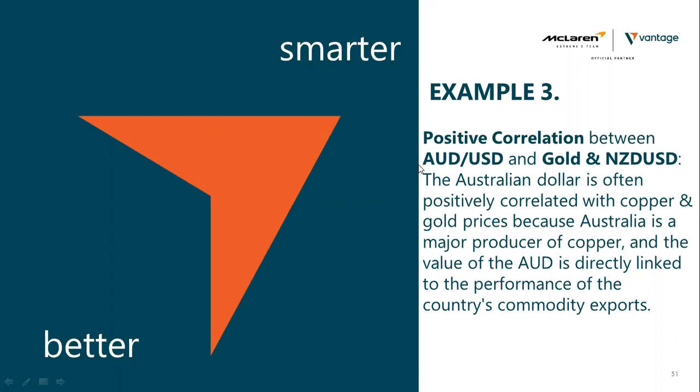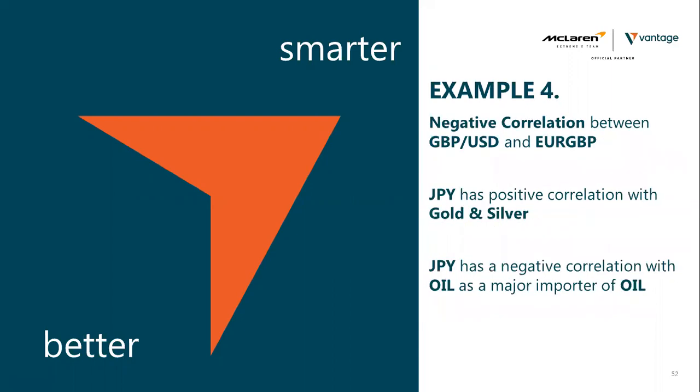GBP/USD will also follow them, but sometimes, because of the strength of the British economy, some major things can happen in the British economy that will just derail the pound and make the pound do its own thing, right? But most of the time, you will find that these 4 currency pairs usually have a good quality relationship and correlation, right?